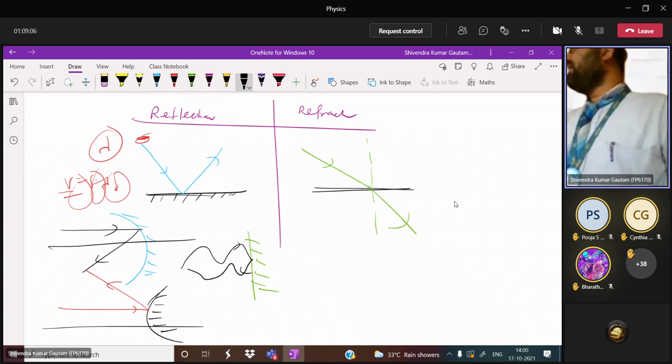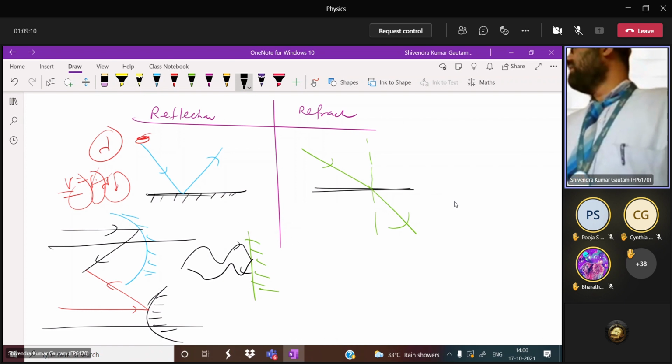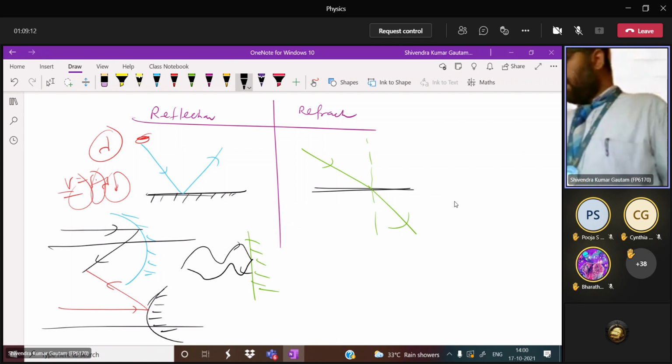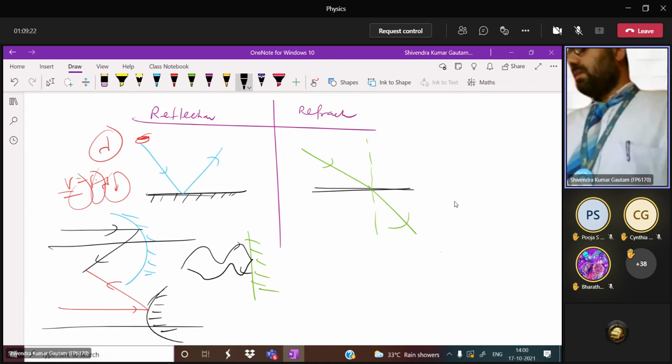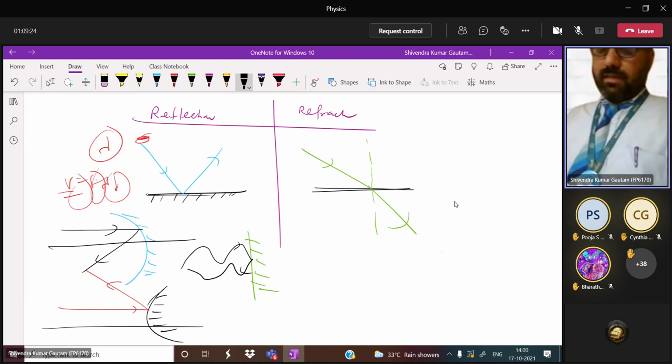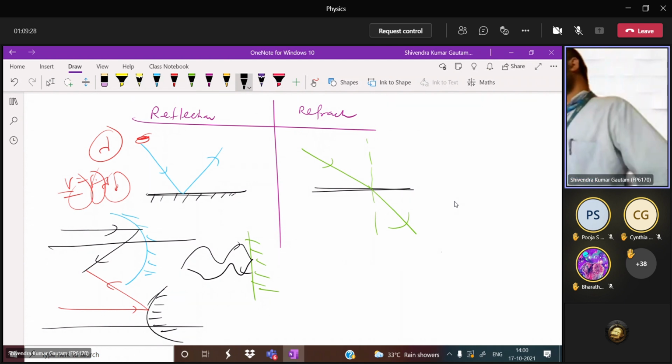If there is a free end or a rarer medium, then there is no phase change. In refraction the phase will not change. So you have to know this difference between reflection and refraction. Some questions you will find from this point.